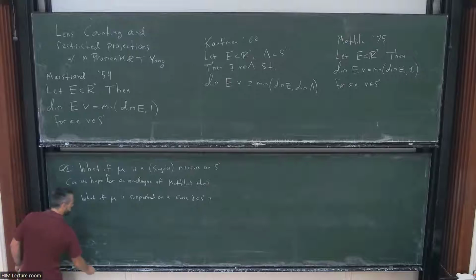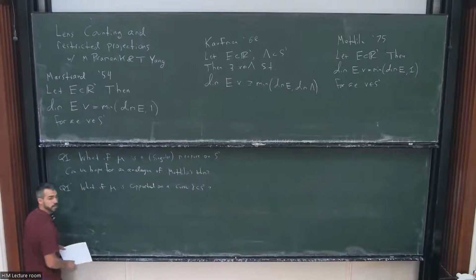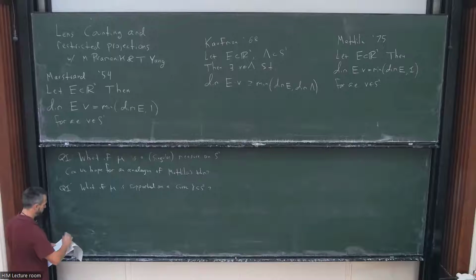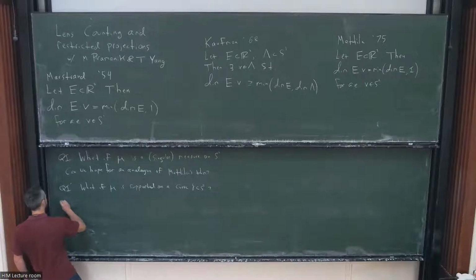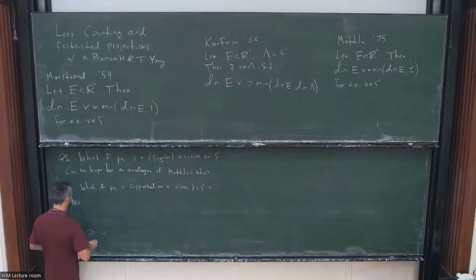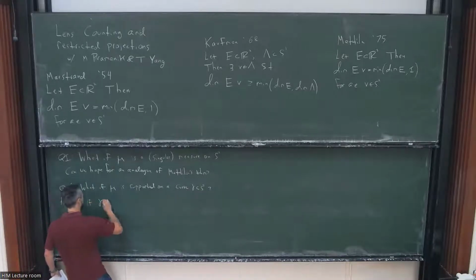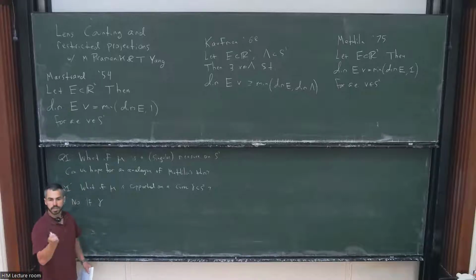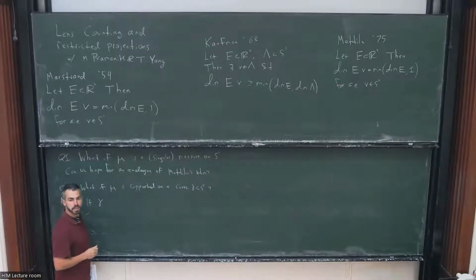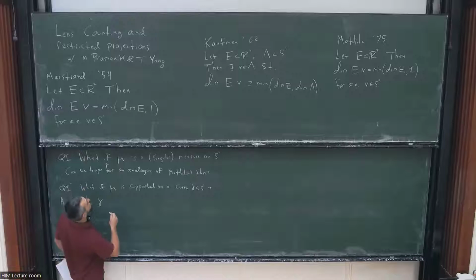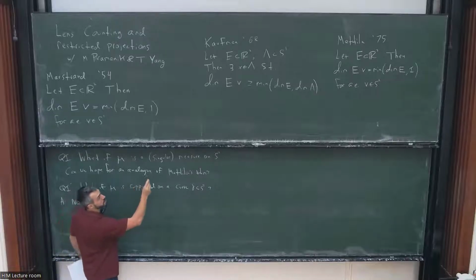And here's one reason why we can't expect something like this to hold. So here's an answer. So I'll say no. Let's imagine we have some curve gamma, which is contained in a 2-dimensional subspace of R3.